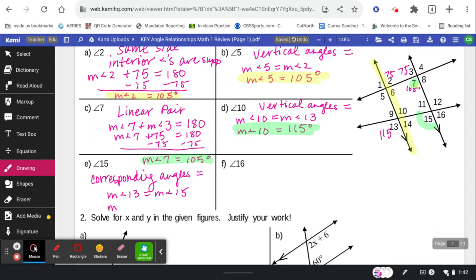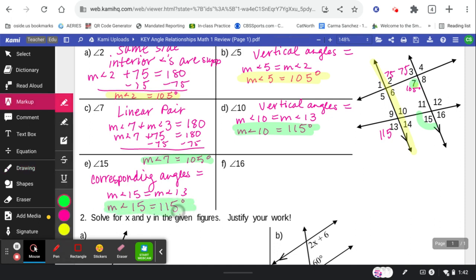And so, actually I'm going to reverse the way I said that. And so measure of angle 15 is equal to 115 degrees, which was given at the beginning.